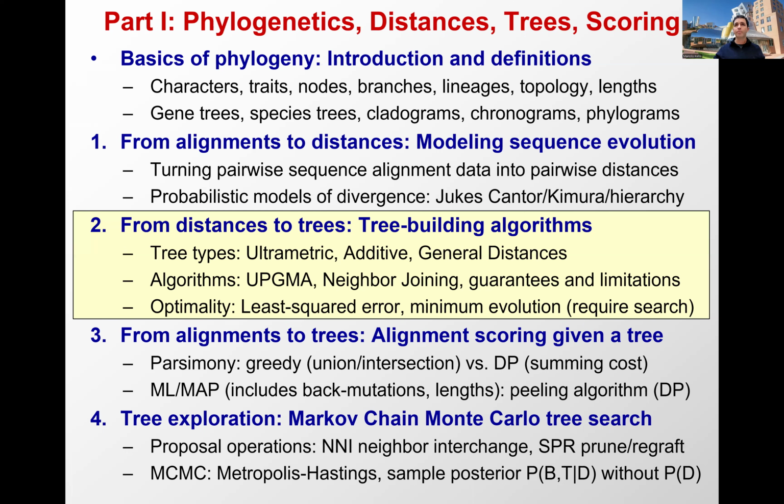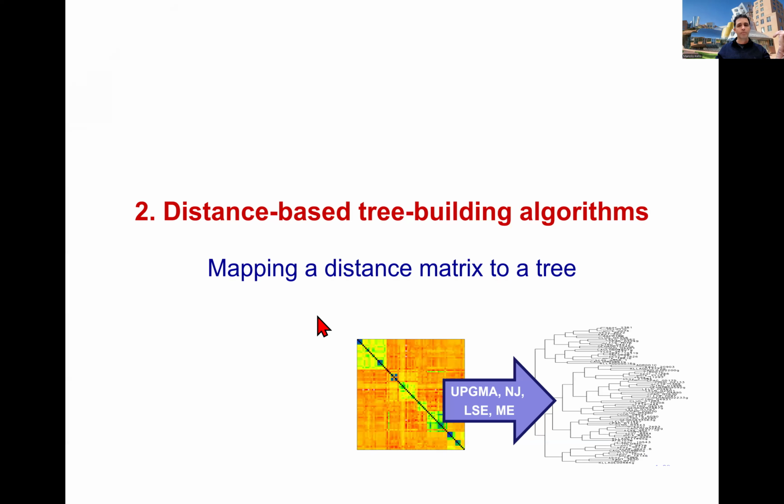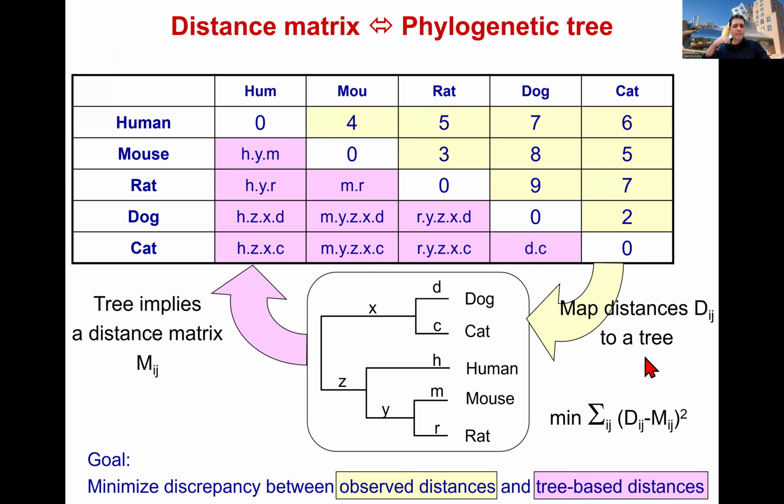Everybody with me? Okay, now let's look at how we can go from distances that I've just computed using my model of sequence evolution to actually trees. So I now have my n squared matrix of distances, and I want to build a phylogeny. What does that mean?